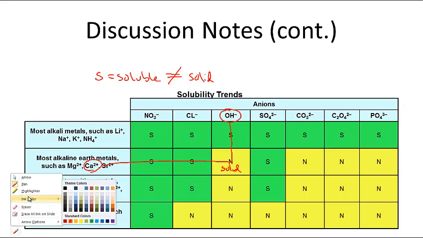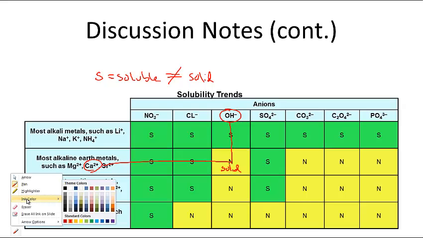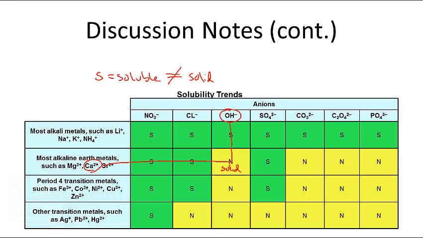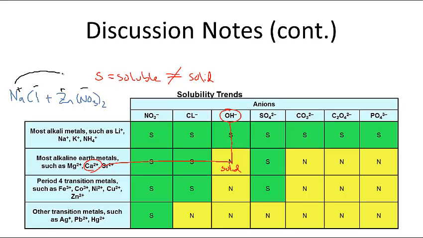Now, let's say I mix solutions of sodium chloride and, I don't know, zinc nitrate. So we switch partners. That's how we test to see if a precipitate forms. This is the plus, this is the minus, this is the plus, this is the minus. So we put Na and NO3 together, and Zn and Cl together.